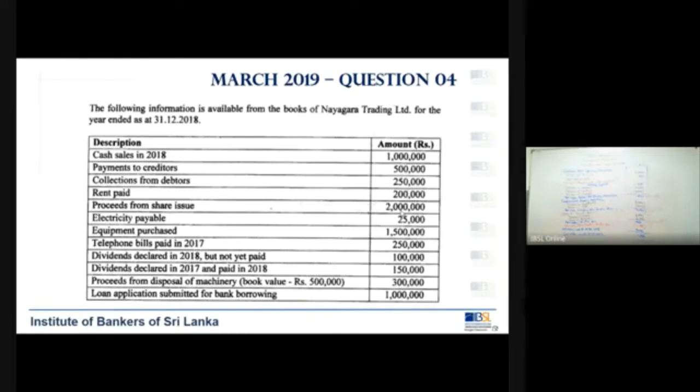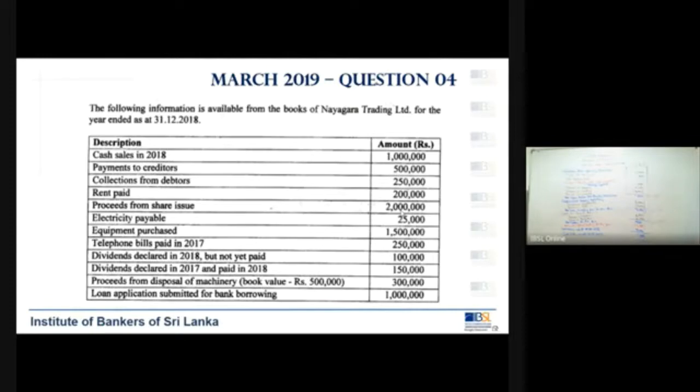So this is what I was talking about, extracting the real actual cash receipts and cash payments from your ledger. What they have done is something similar to that. Taking into consideration of the actual receipts and actual payments, they have extracted some information for you.